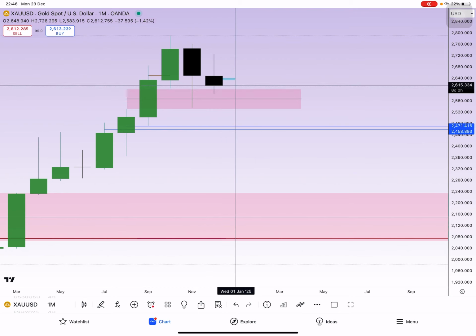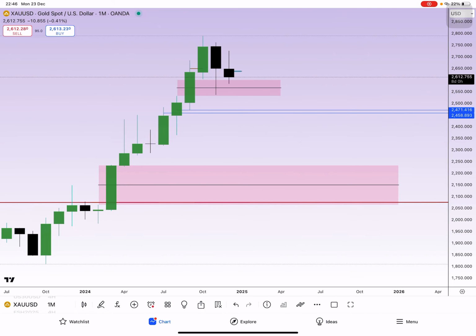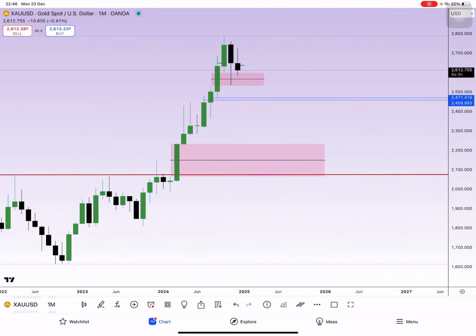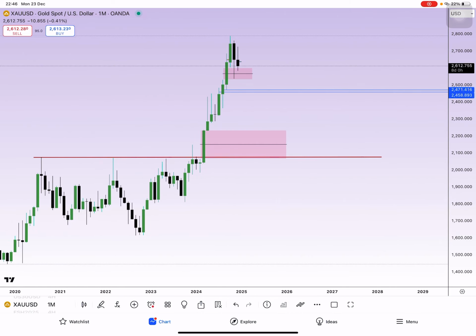That's a monthly fair value gap, but they may try to come into it again, and I believe they can get this low as well and start moving lower, because gold has already made a nice rally over the last few months.